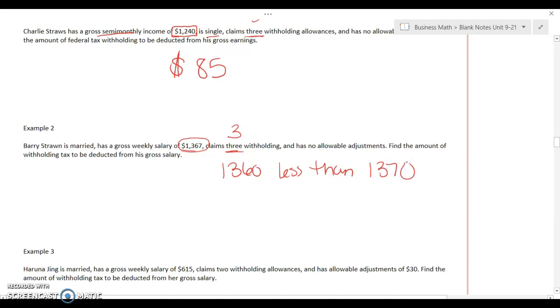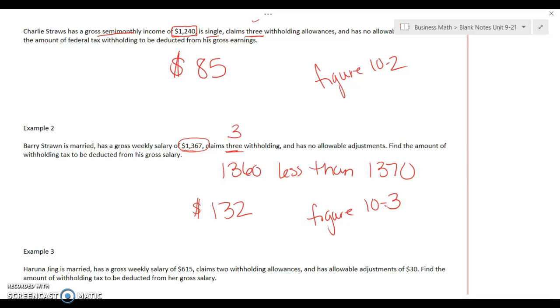Go over to column 3. You guys can be looking at your packet and find out that he gets withheld $132. So this is figure 10.2, and this one I looked at is figure 10.3. So you're using that table to find out the withholdings based on their allowances.